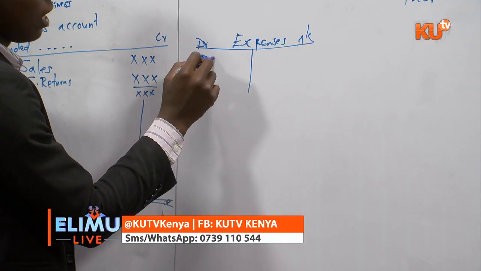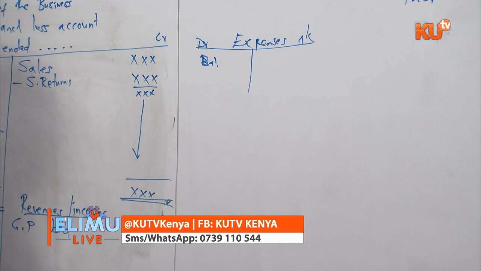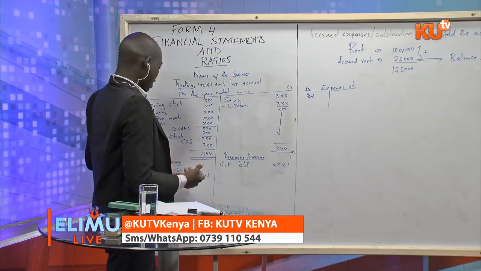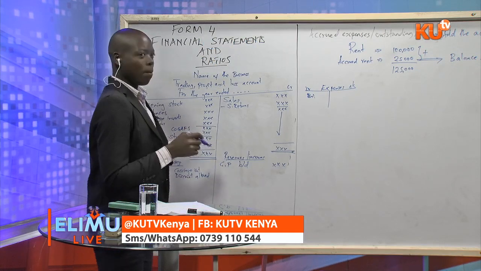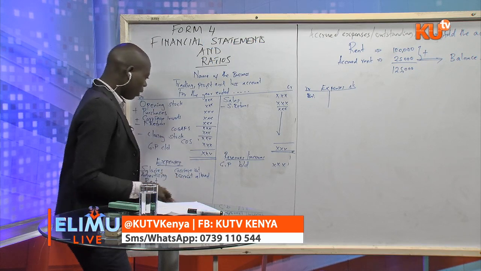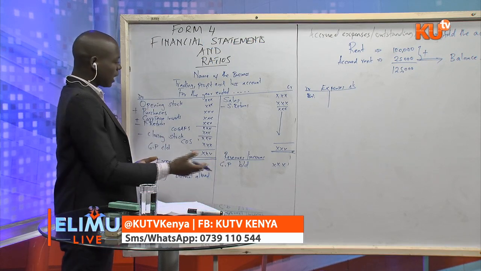When talking about revenues, they have credit balances. Therefore, all expenses will be captured on the debit side of the trading profit and loss account, and incomes will be captured on the credit side.